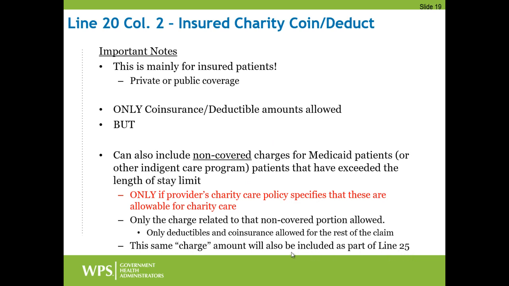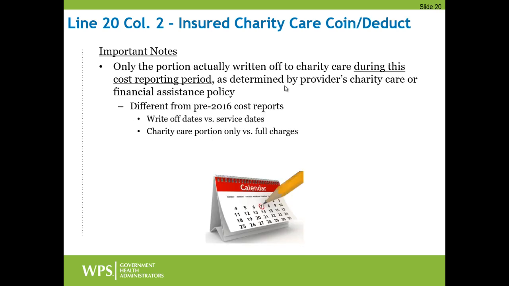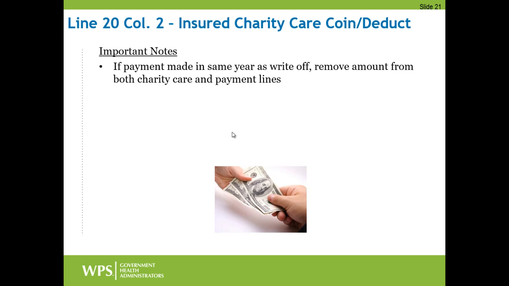So you could have $100,000 in line 20 for all of your charity care claims, but maybe there's only $1,000 of this exceeded length of stay limit. So that would be part of the line 20 amount, but just that $1,000 is also going to be reported on line 25 separately. Only the portion actually written off to charity care during this period is going to be included, and we've already talked about that.